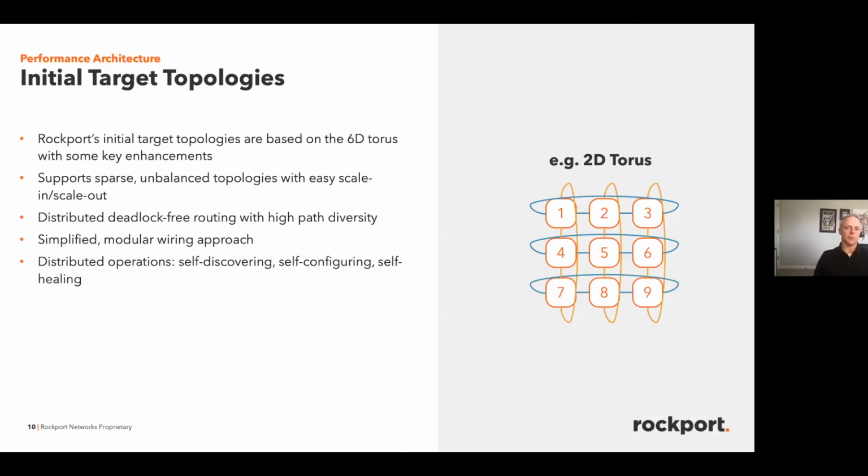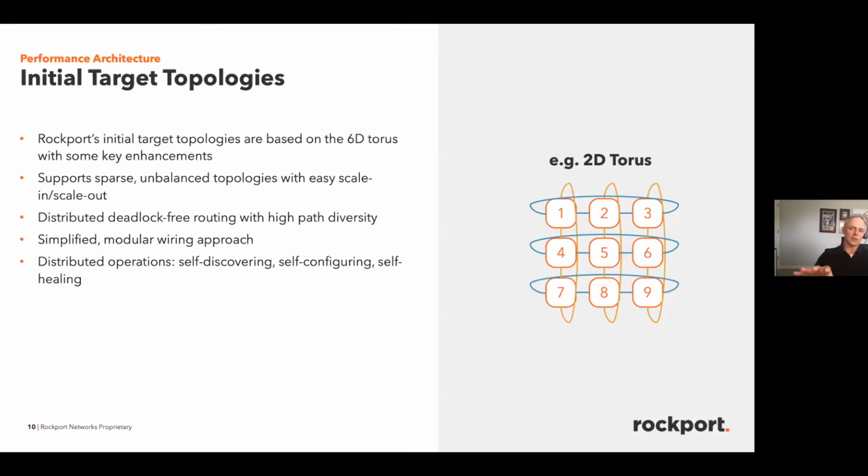Now, I mentioned before that we are out of the box a 6D torus, a 6-dimensional torus network. And if you're not familiar with what a torus is, that's basically a set of multi-directional rings. What you see on the right-hand side over here is an example of what's called a 2-dimensional torus. Now, again, we're 6 dimensions. This is 2 dimensions.